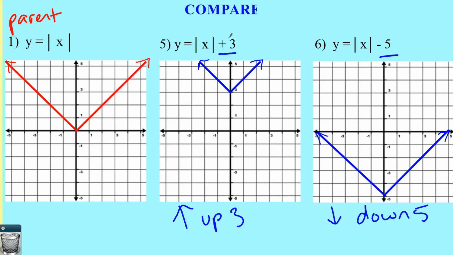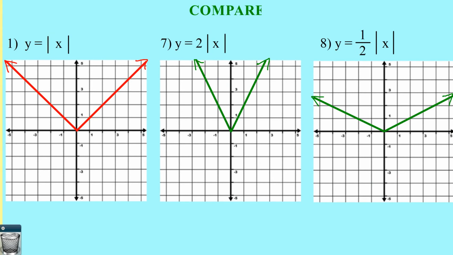So when we have a number on the outside, we're going up and down the y-axis. And since it's not right next to the y, it's on the other side of the equal sign, we're going to keep it the same. So when we add here, we go up. When we subtract, we go down. So these are little ways to help us do things.